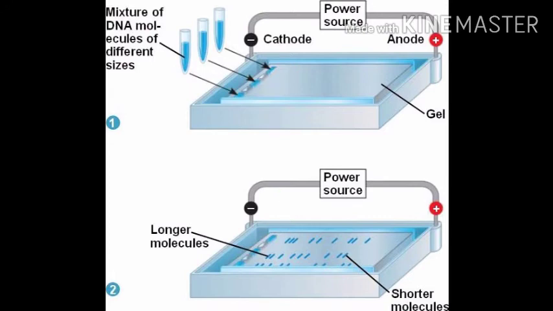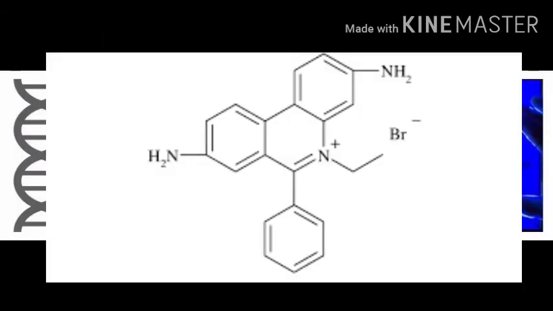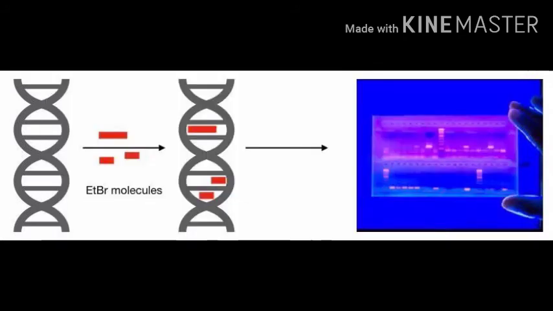Finally, a chemical called ethidium bromide will be added into the gel or into the sample mixture, which has the property of intercalating within the DNA molecule. When ultraviolet light passes through it, it illuminates with a pink fluorescence, and that fluorescence will help us identify the bands of DNA formed within the gel after the separation, because otherwise this DNA or RNA, which is completely transparent, cannot be visualized through the gel.